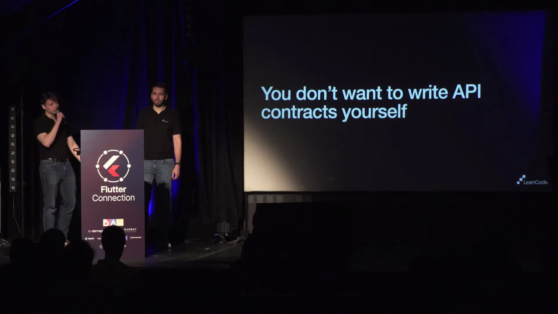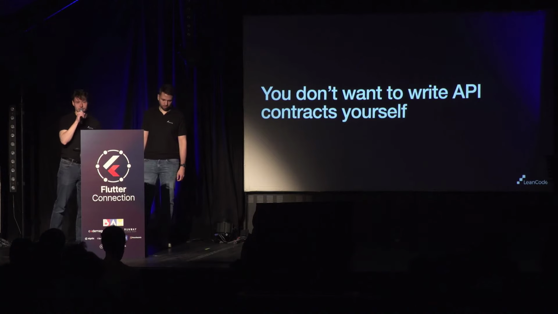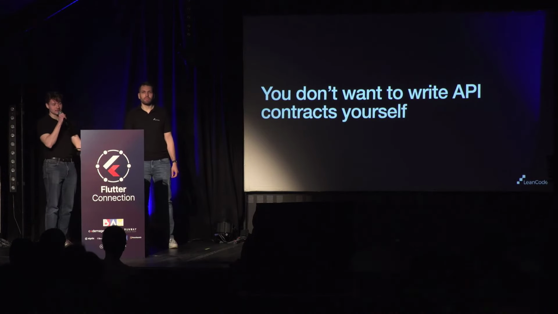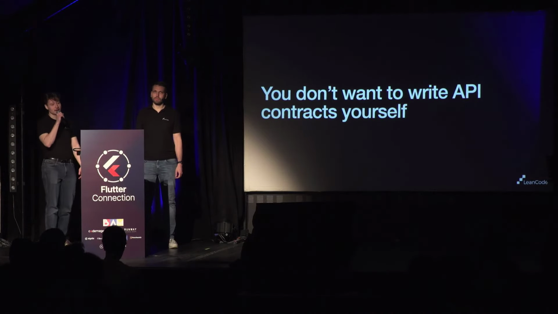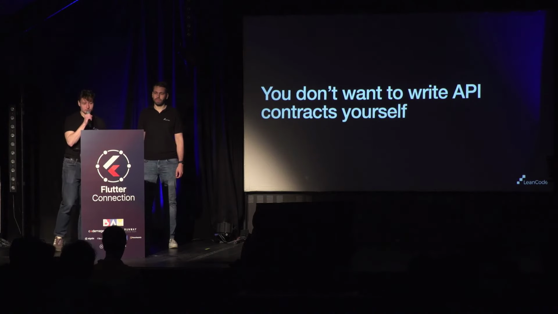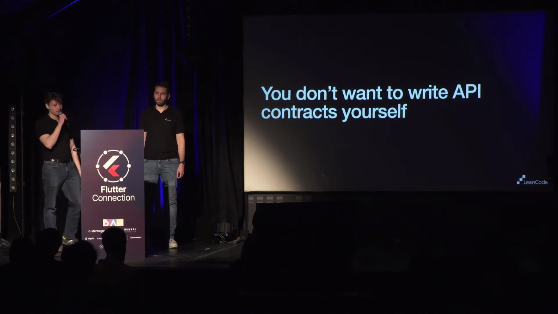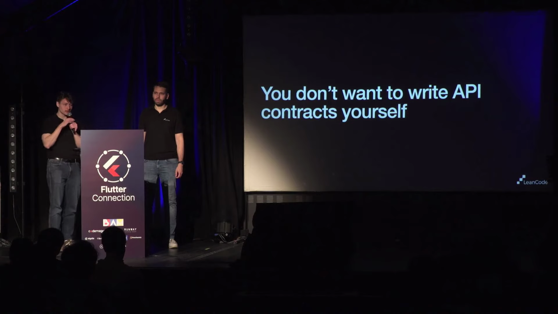Either you use some external backend, or maybe you have your internal backend team and you can sit side by side with them. You must have a contract with the backend, and you don't want to write it yourself. You have to somehow generate it, to have that automatically generated for you, so that you always are on the same page.